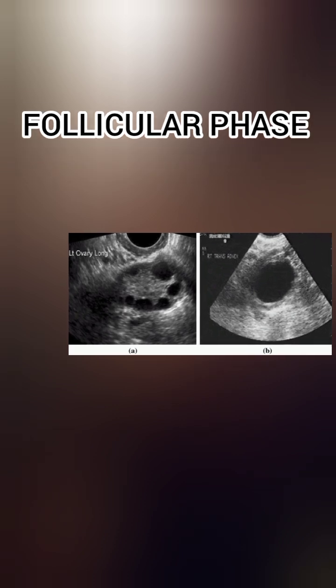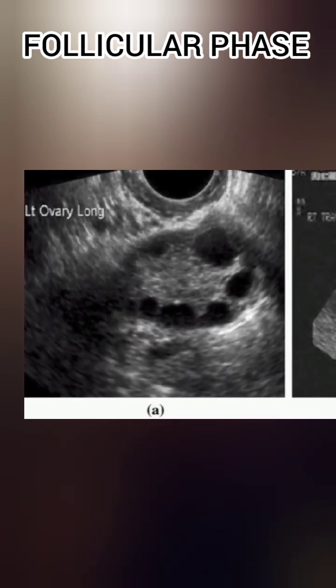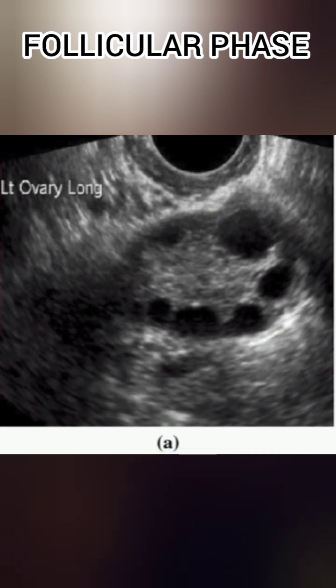Now let's look at the follicular phase of the ovary. It begins at the start of menstruation, like we said earlier, day 1. It ends at ovulation, for a typical 28-day cycle that will be day 14. The length varies, generally 14 plus or minus 2 days.